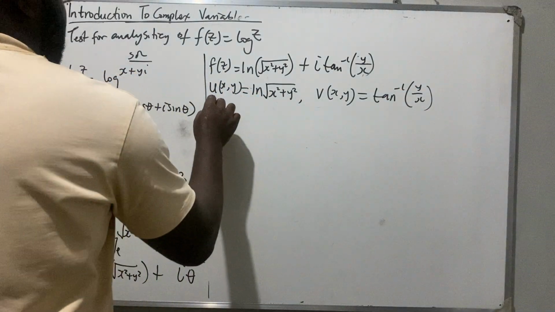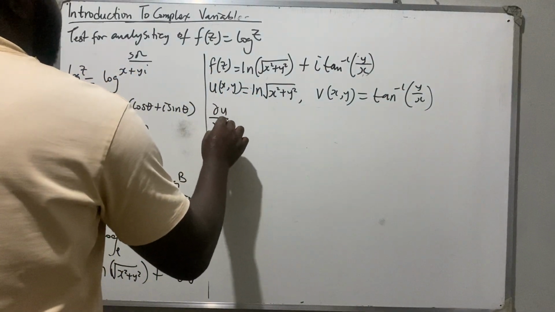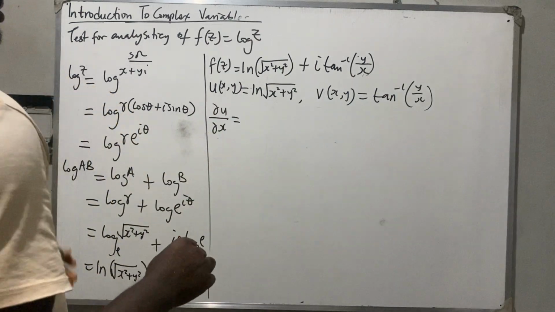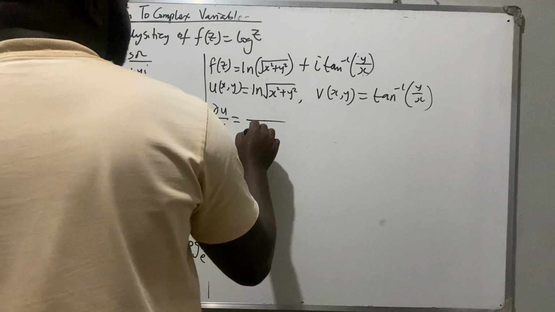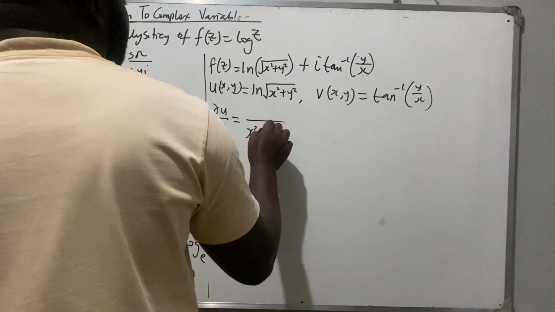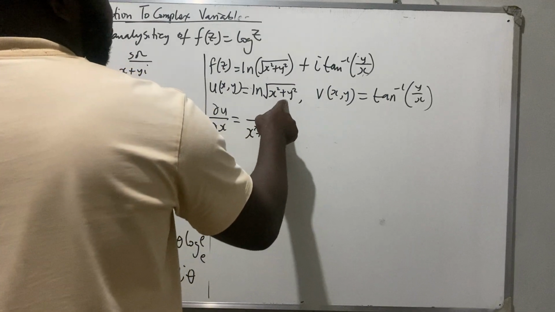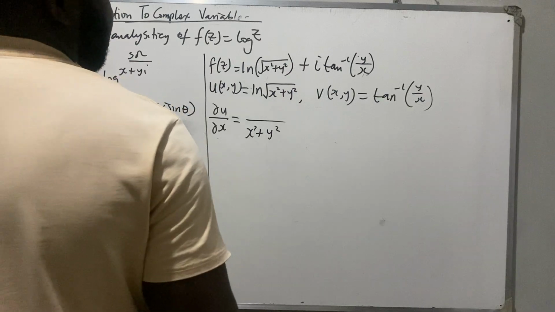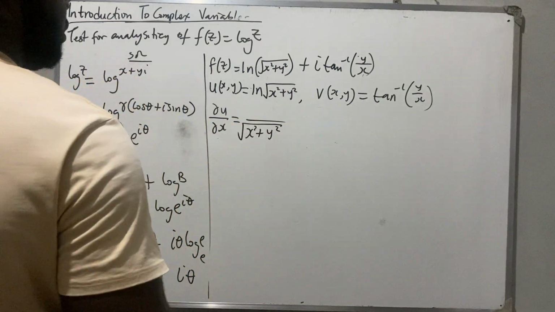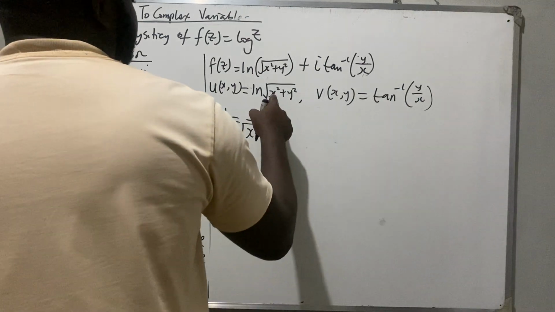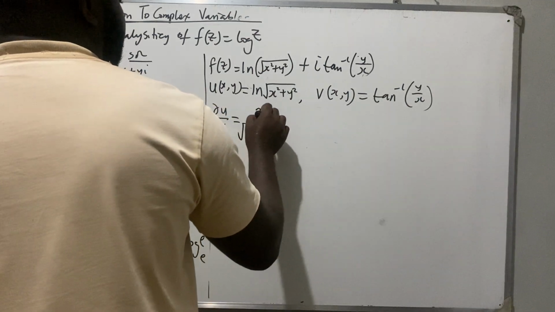So you see that partial u partial x is equal to, so the differentiation of ln of something is 1 over that thing. So I'm having x squared plus y squared. But this is chain rule. So to differentiate the inside, with respect to x, is 2x here.